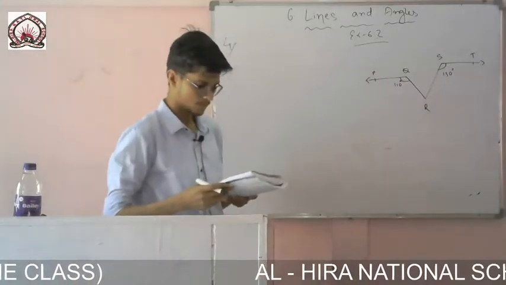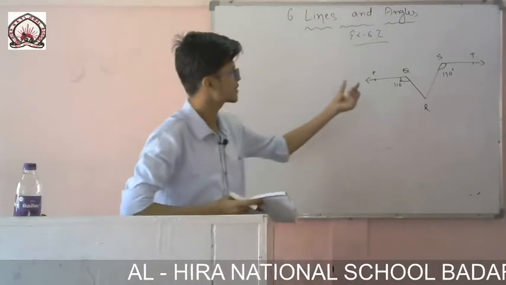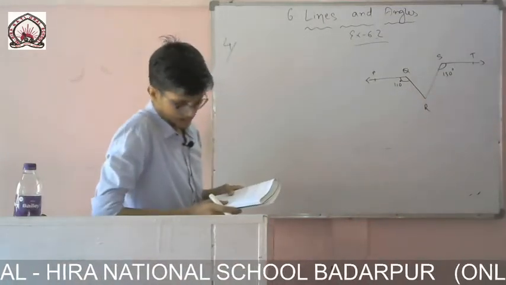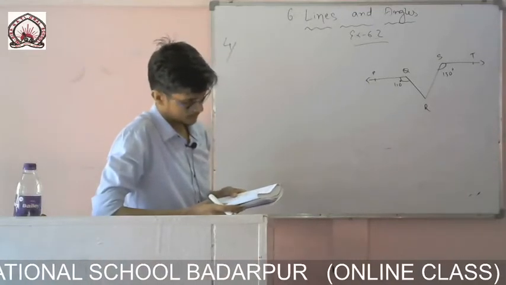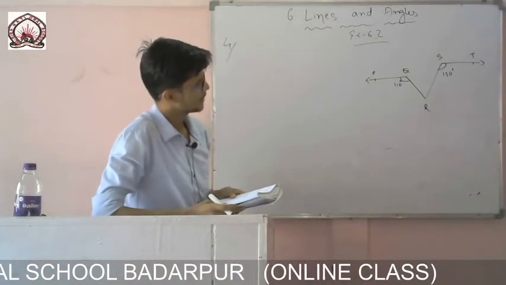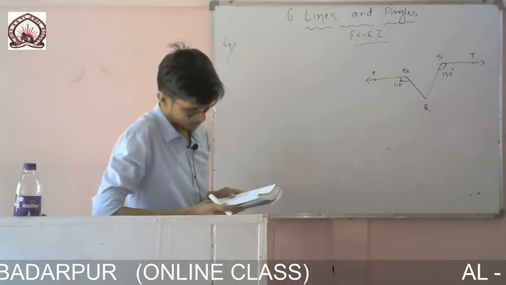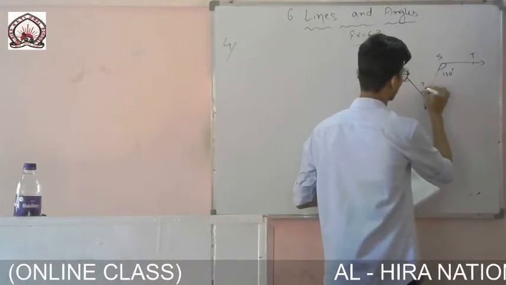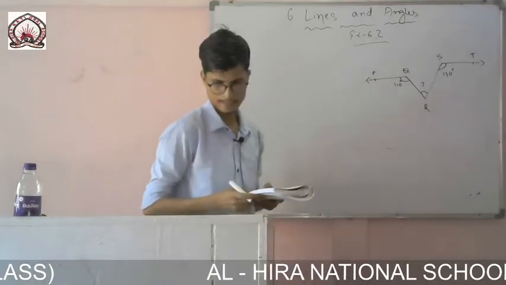Okay, so PQ is parallel to ST, so these two lines are parallel to one another, and the measurements given here are PQR 110 and RST 130. So you have to find QRS. So you have to find this angle.